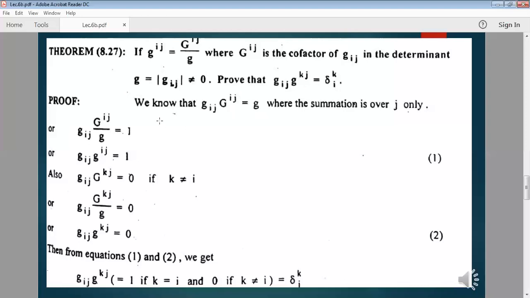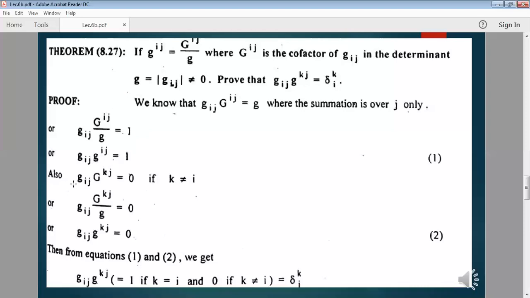I drag this g to the left side as a denominator of the cofactor G_ij. Then it becomes g_ij times capital G_ij over g is equal to 1. So this term capital G_ij over g is the inverse form, the contravariant form of g_ij. So small g_ij in covariant form and small g^ij in contravariant form give answer 1. Let this be equation number 1.